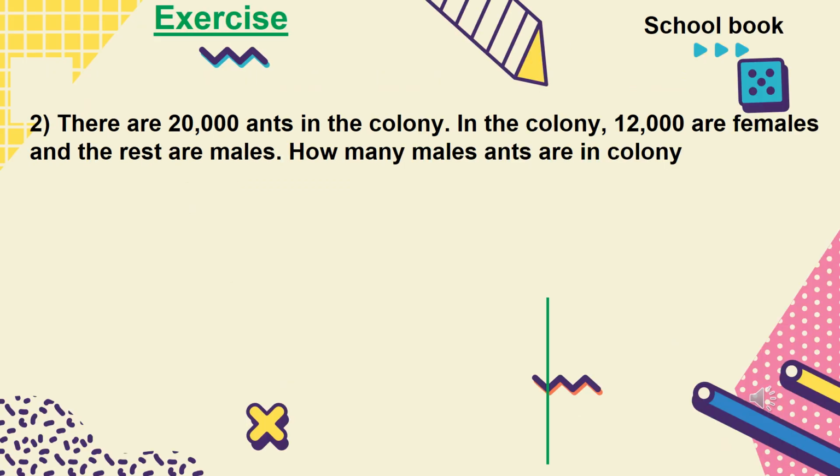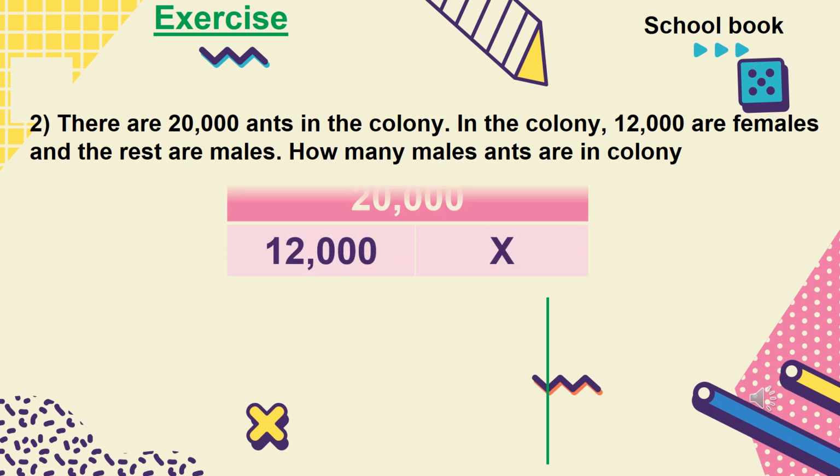From the school book, let's see this story. There are 20,000 ants in the colony. The total of ants is 20,000. In the colony, 12,000 are females and the rest are males. So how many males? The whole number is 20,000. Of them, 12,000 are females.